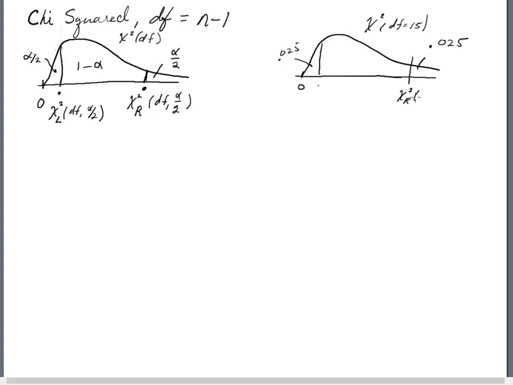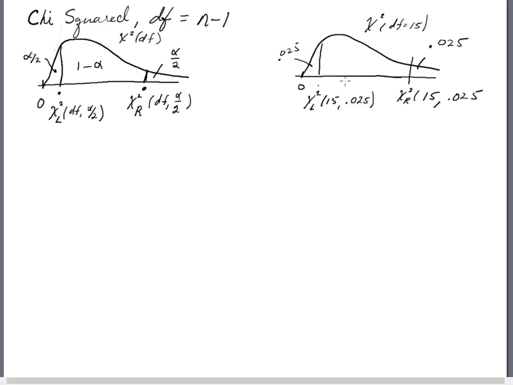So this critical value would be chi-square right-hand side, degrees of freedom would be 15, and the area to the right would be 0.025. And this one down here would be chi-square left, 15 degrees of freedom, and he's cutting an area of 0.025.